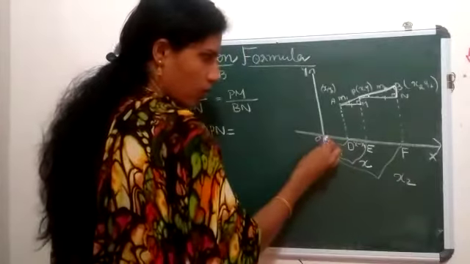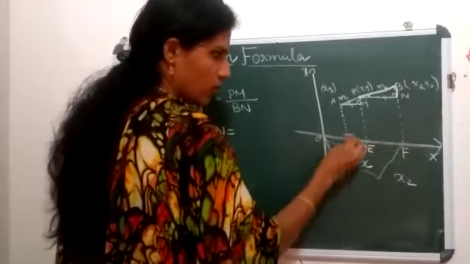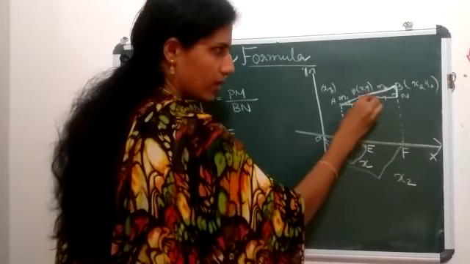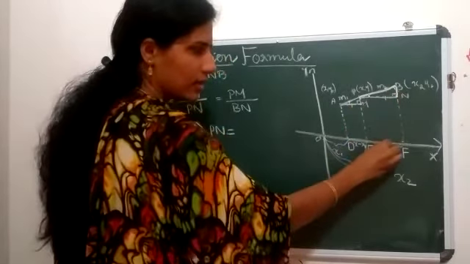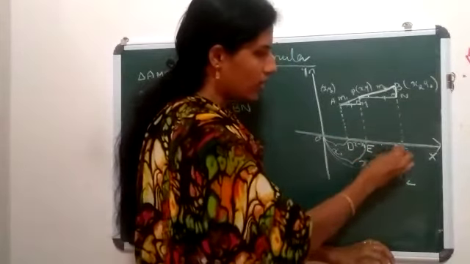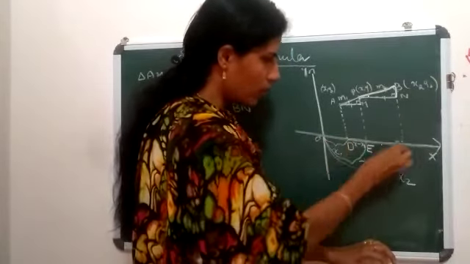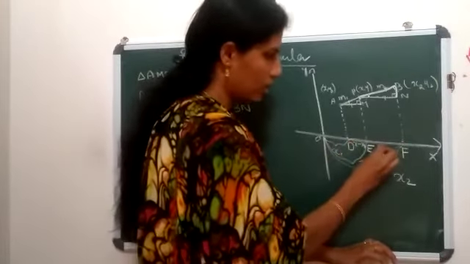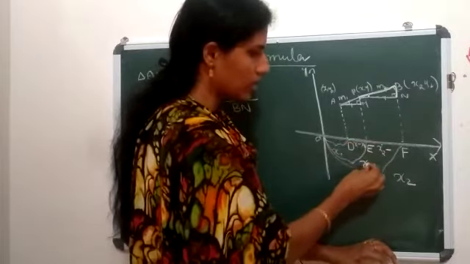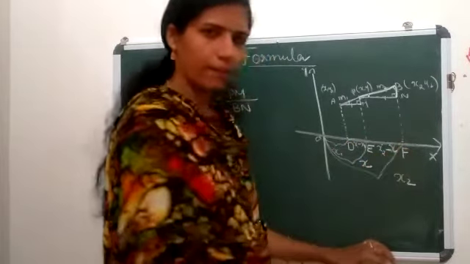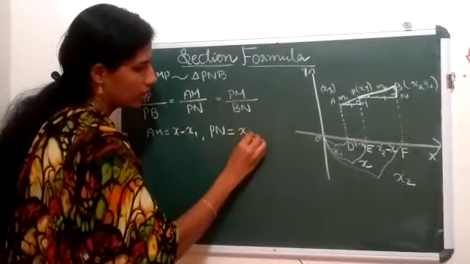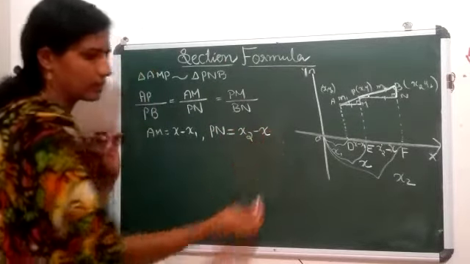Now O to F is x2. We need to find EF because we need PN, and PN and EF are equal lengths. So EF is equal to OF minus OE, that is x2 minus x. So PN is equal to x2 minus x.